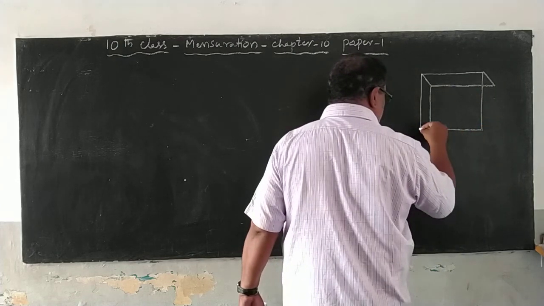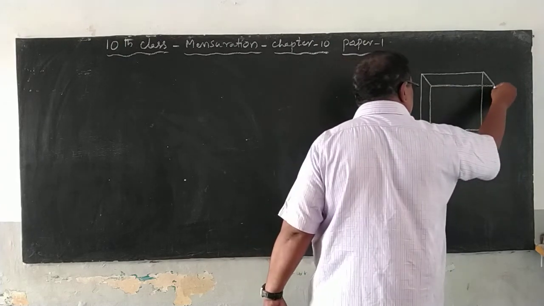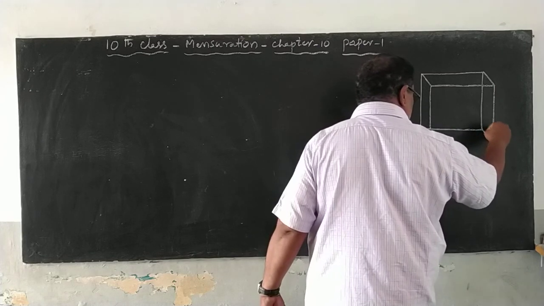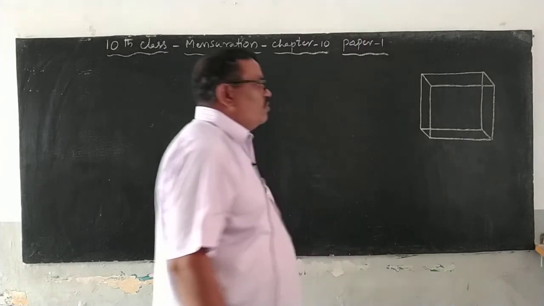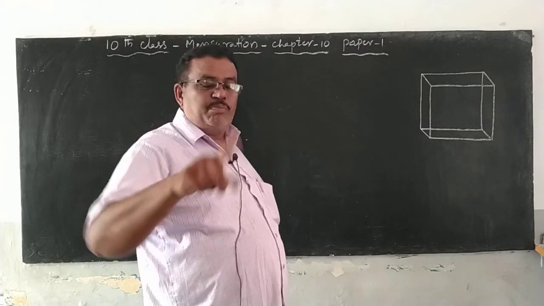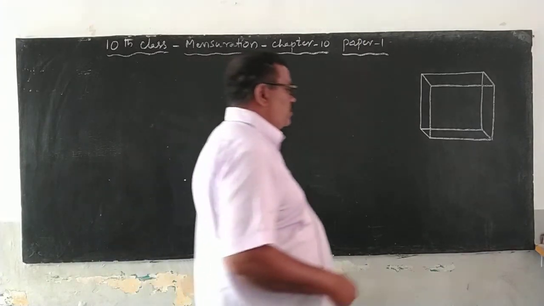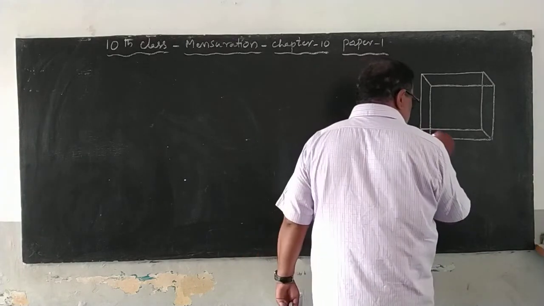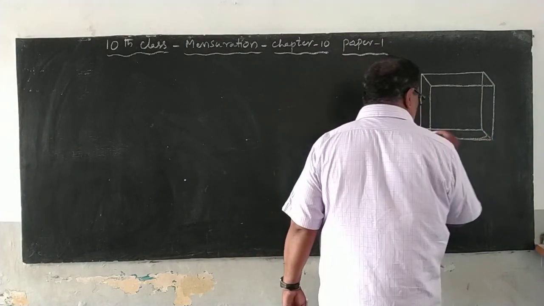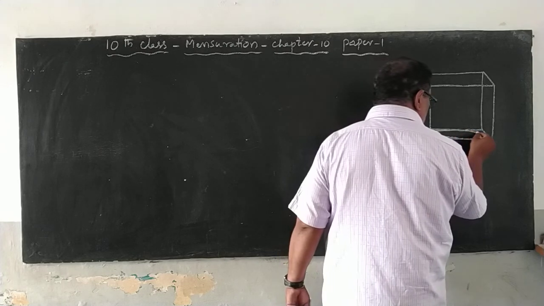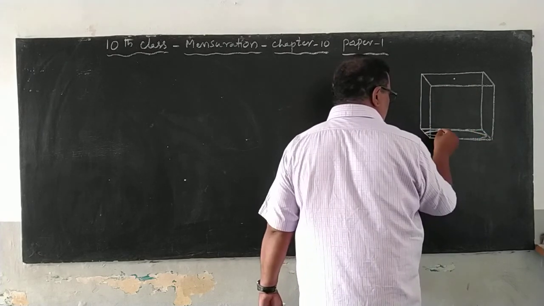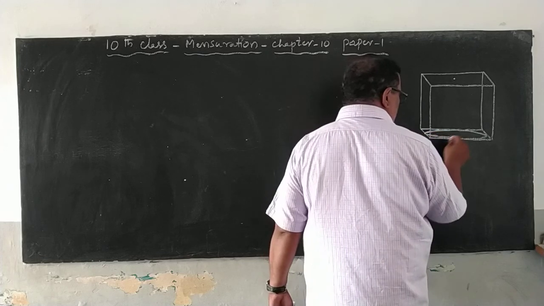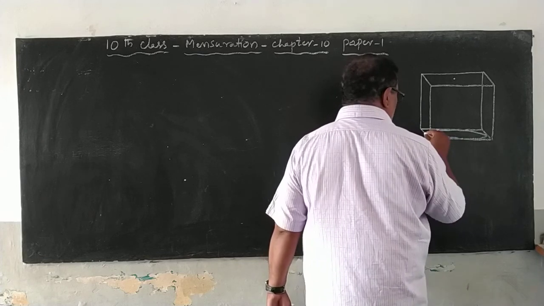This is the cube, children. From this cube, we have to cut out the largest possible cone. The largest possible cone means the diameter of the cone is equal to the edge of the cube.